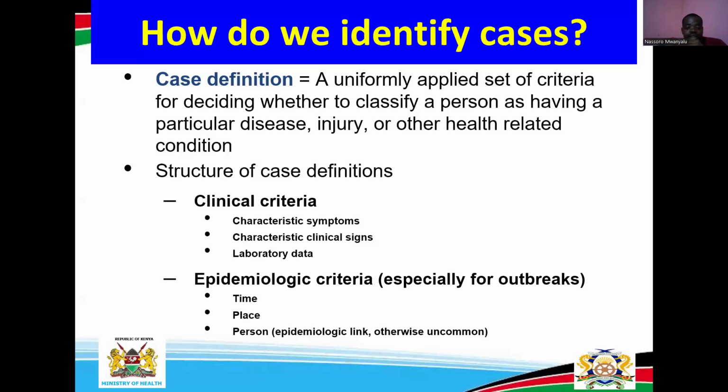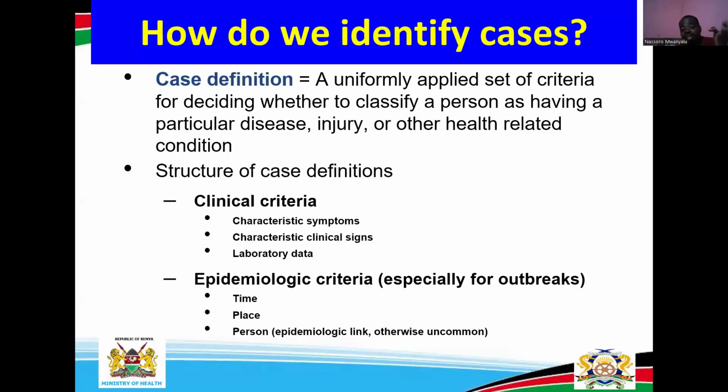Usually, in its structure, a case definition has two items that we should not miss. First of all, the case definition should have the clinical criteria. Then we should also have the epidemiological criteria, especially during outbreaks. So what are the clinical criteria that should be in this case definition?